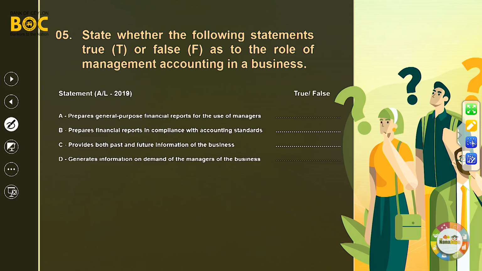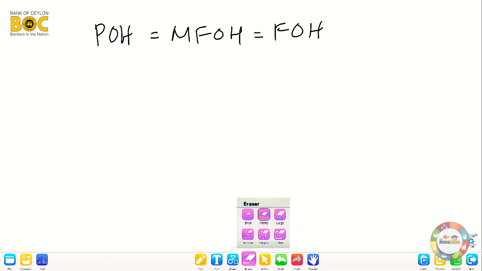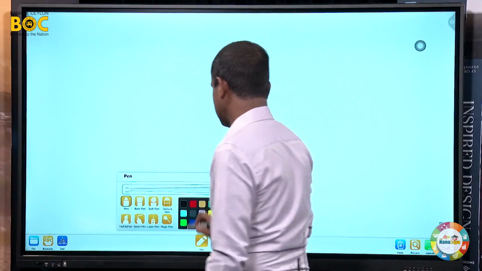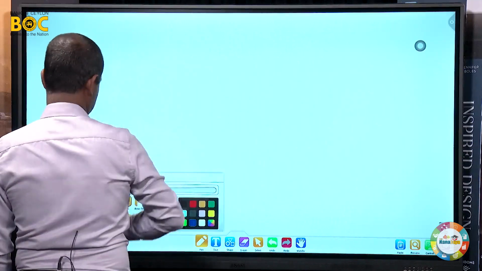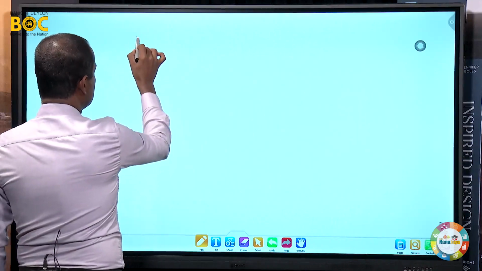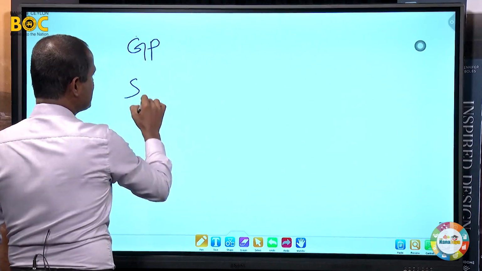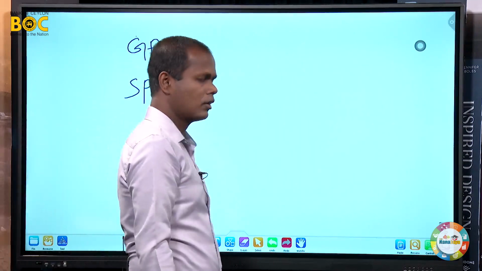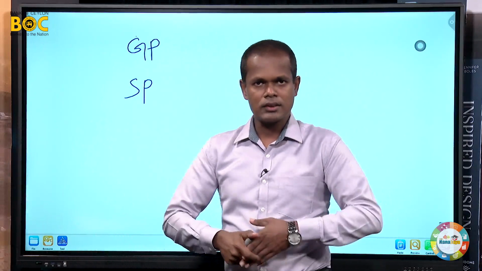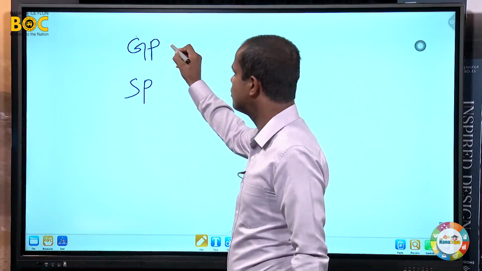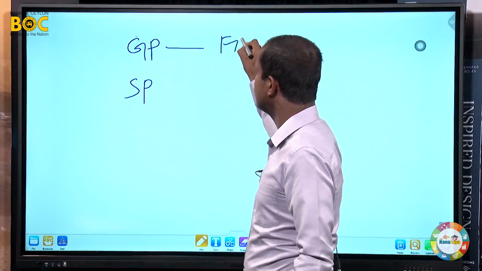The first one: prepares general purpose financial statements. We divide financial statements into two, general purpose financial statements and specific purpose financial statements. The general purpose financial statements are common financial statements prepared by the financial accounting.